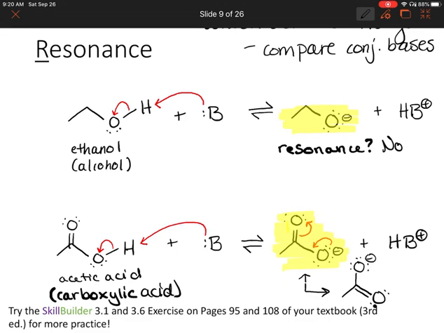Okay, so that is our resonance structure, and there's really nothing else we can do there. And I'll just put brackets around the resonance structures.